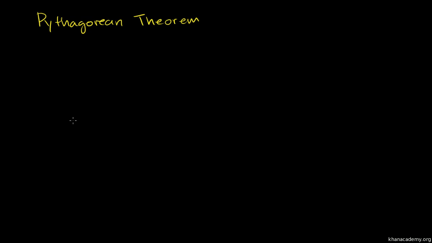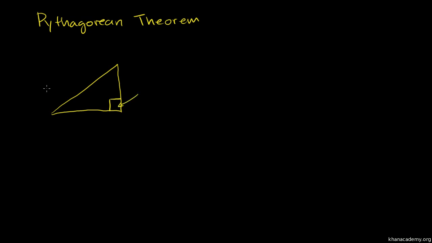So enough talk on my end. Let me tell you what the Pythagorean theorem is. If we have a triangle, and the triangle has to be a right triangle, which means that one of the three angles in the triangle has to be 90 degrees. And you specify that it's 90 degrees by drawing that little box right there.